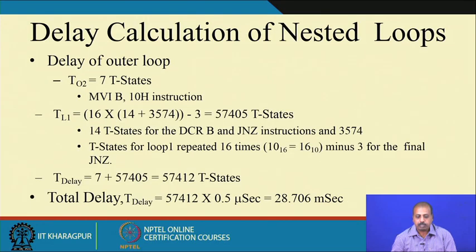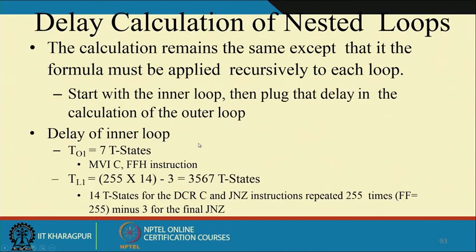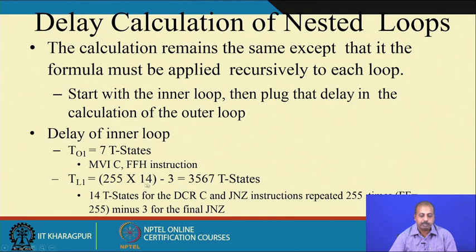So, in this program if I put a NOP here, that means the body of the inner loop will get extended by 4 more T states. So, instead of 255 into 14, it will be 14 plus 4, 18. So, this value will become 18.